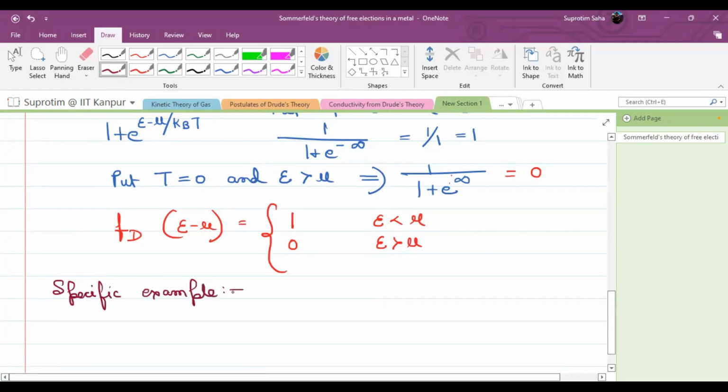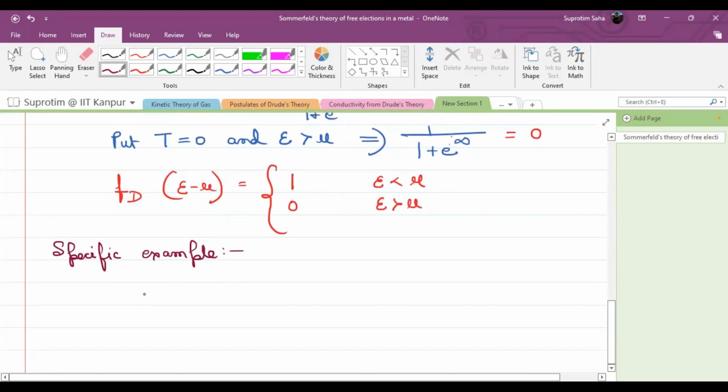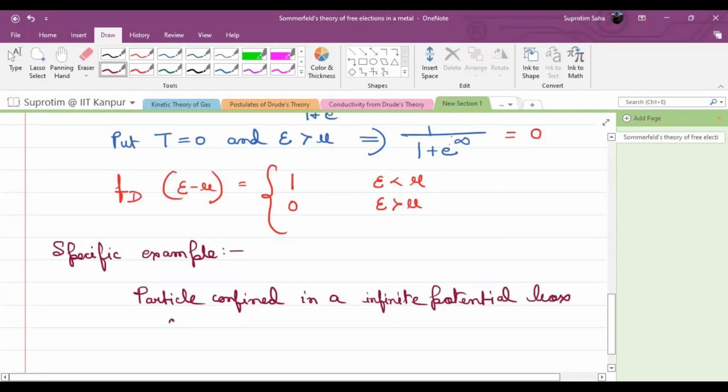All right. So the example we are going to get into is a particle confined in an infinite potential box of length L. All right.